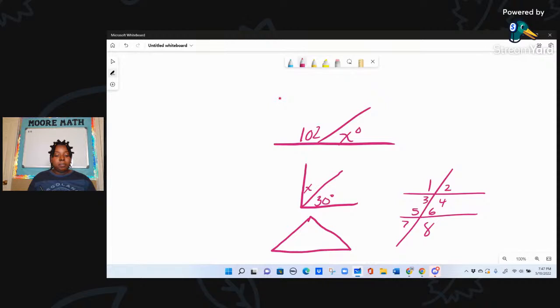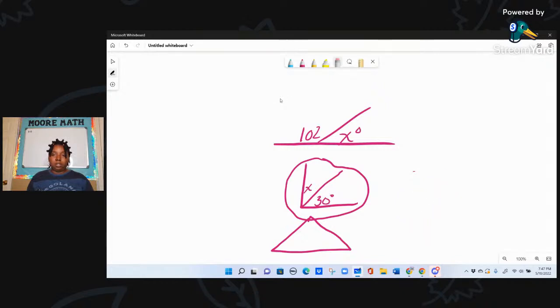So I just need you to tell me specifically. The second one, like this one, correct? So complementary angles. Okay, perfect.